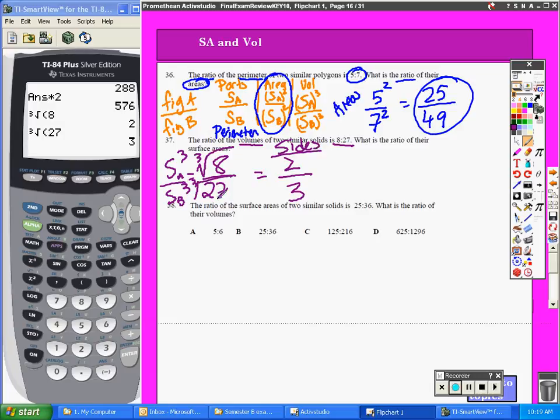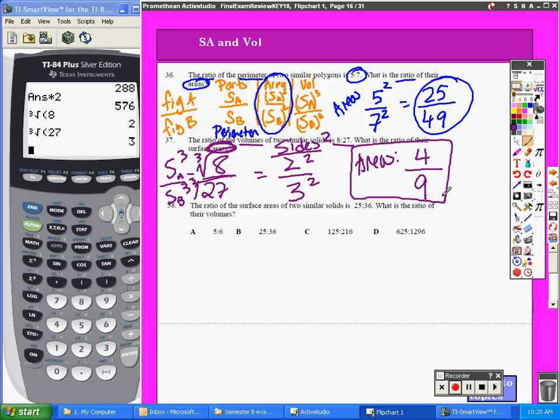So I went from the ratio of the volumes, 8 over 27, to the ratio of the sides, 2 over 3. But we're actually asked to find the ratio of the areas. So in order to do that, I need to take the ratio of the sides and I need to square them. This will give us the ratio of the areas. So the side squared, 2 squared is 4, and 3 squared is 9. These are the ratio of the surface areas.